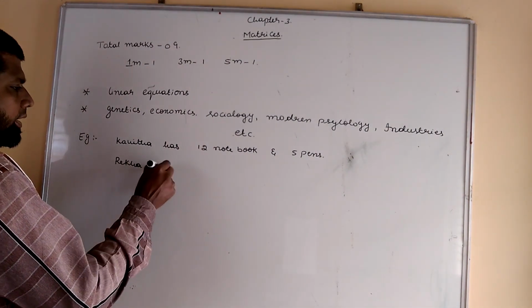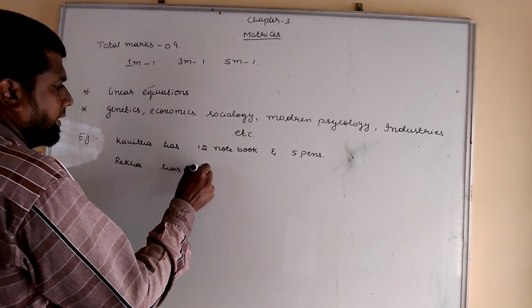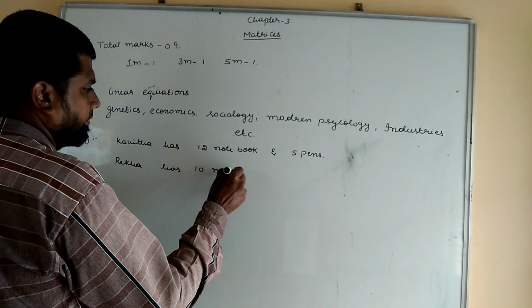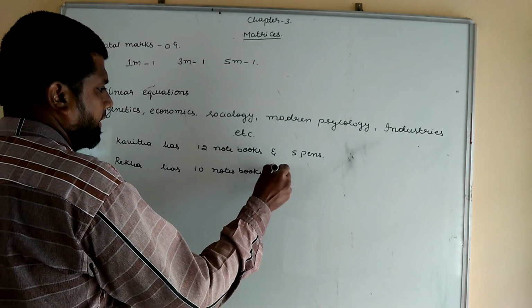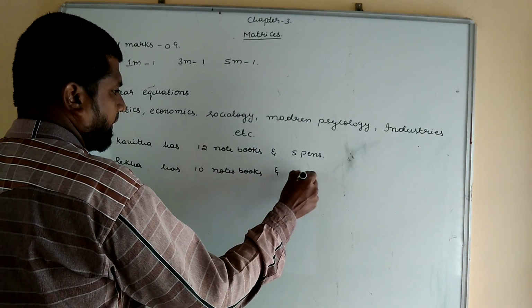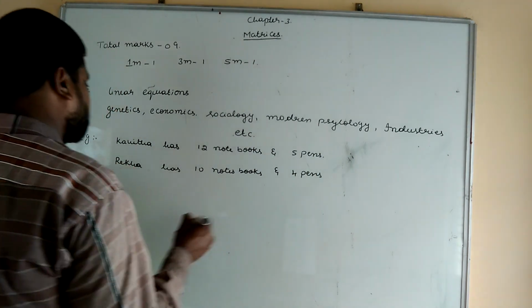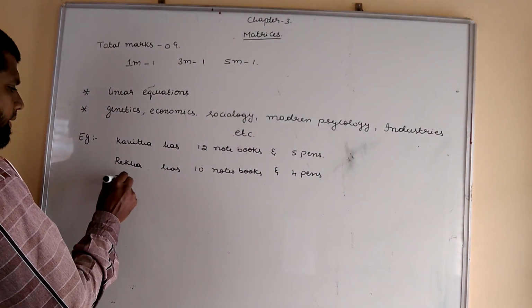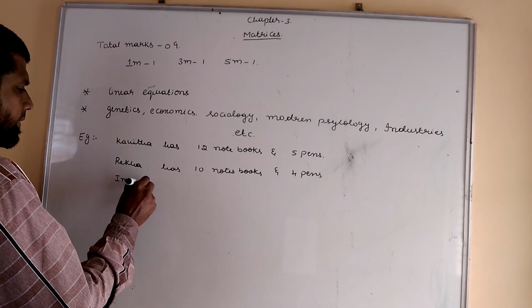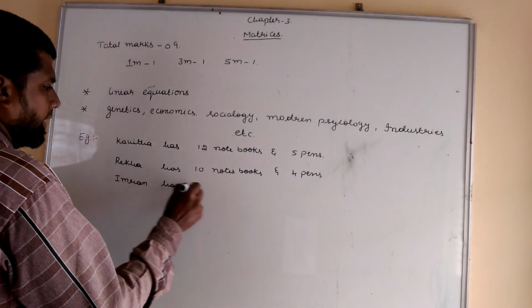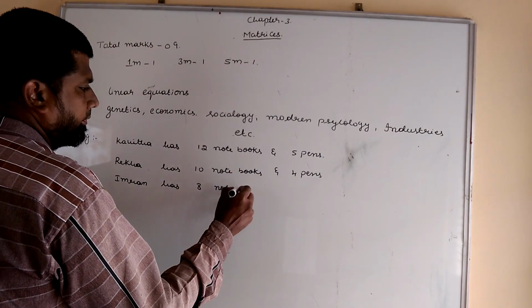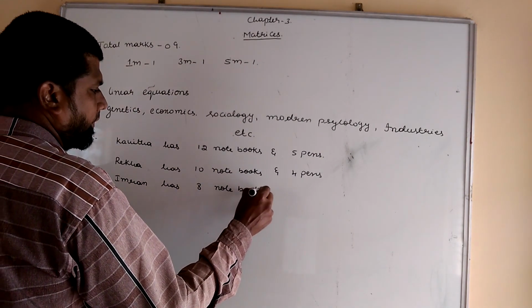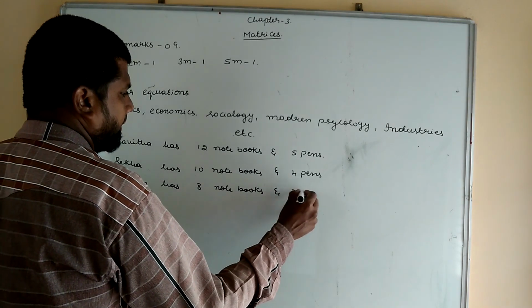Rekha has 10 notebooks and 4 pens. Imran has 8 notebooks and 3 pens.